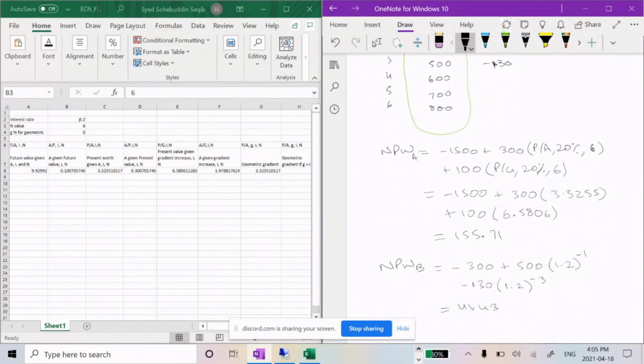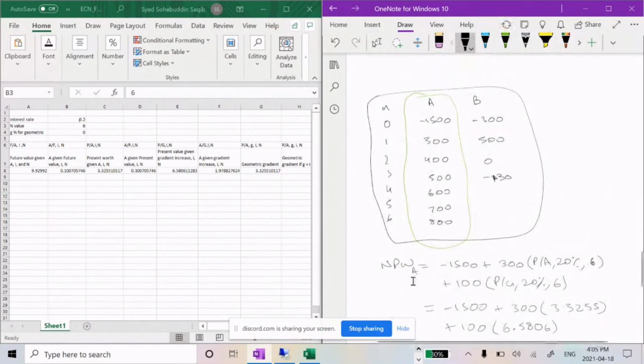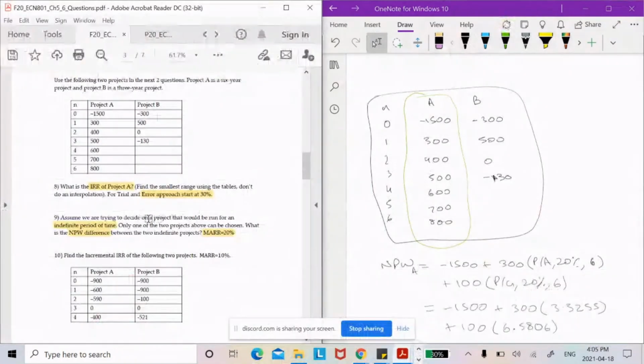That would be the case if we had only this sort of system, where A would have 6 periods and B would have 3 periods. But the question says that the project would be run for an indefinite period of time.